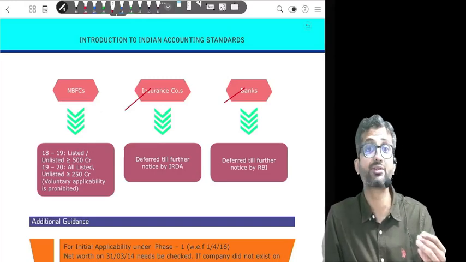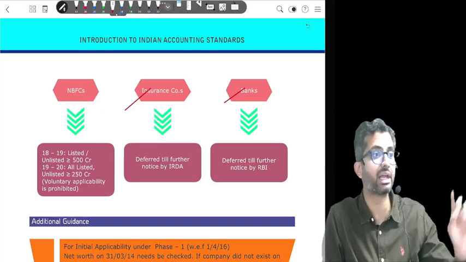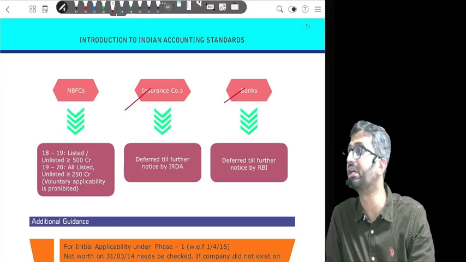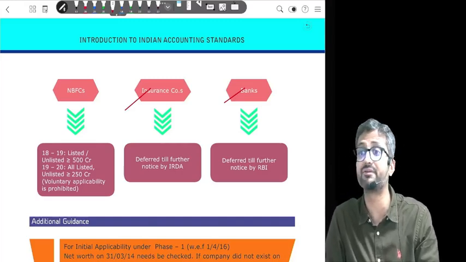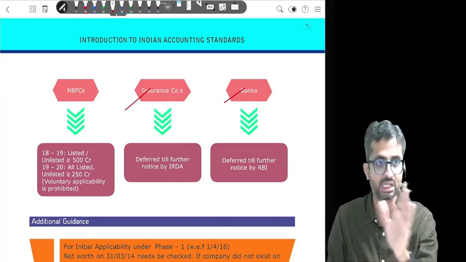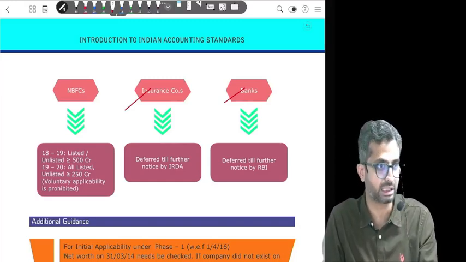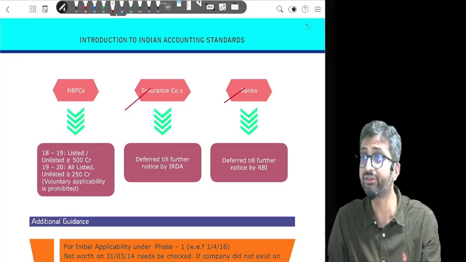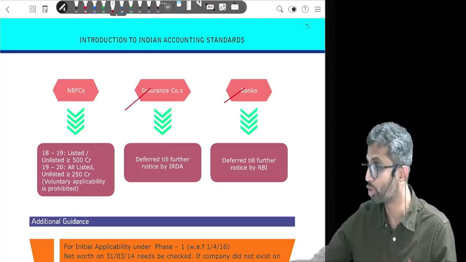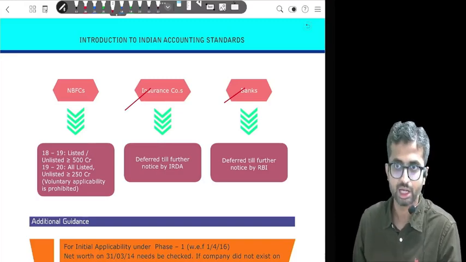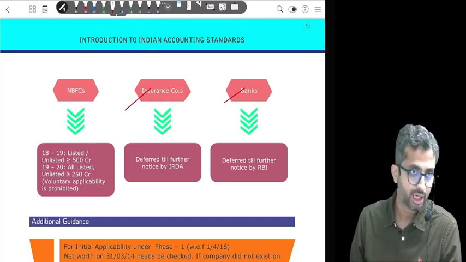Having said that, just for your general knowledge, internationally there has been an IFRS 17. The last IFRS that you have in your syllabus is IFRS 16, which corresponds to Ind AS 116, which is leases. Internationally, you have an IFRS 17 now, which is going to be applicable from next year. That is on insurance.